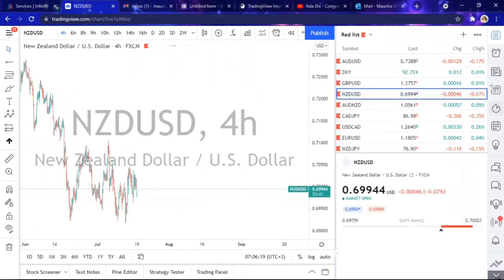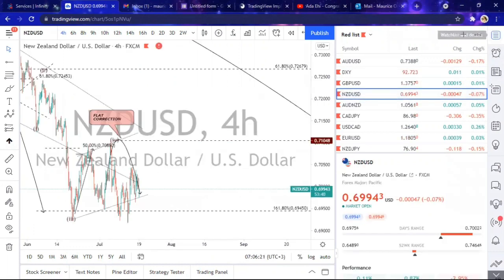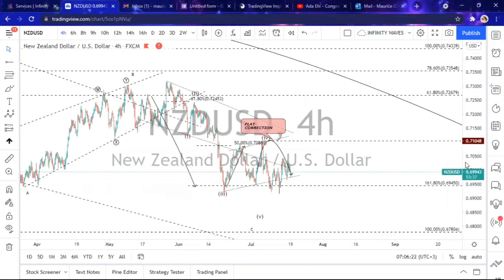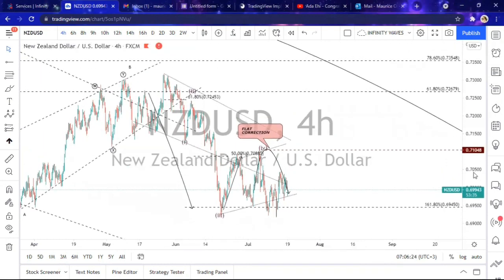That's for New Zealand dollar, US dollar. Our previous analysis, that's in June, price was at this level here. It came down up to this region. So we are waiting to trade this impulsive move up to here. So we are now in a corrective wave C structure.